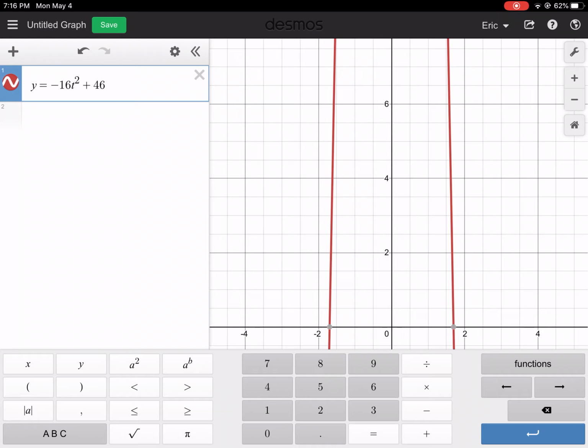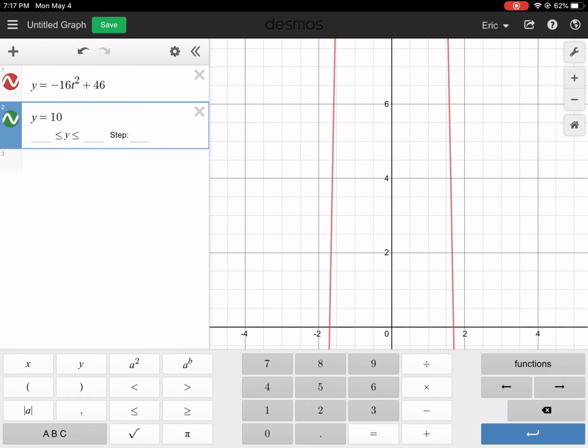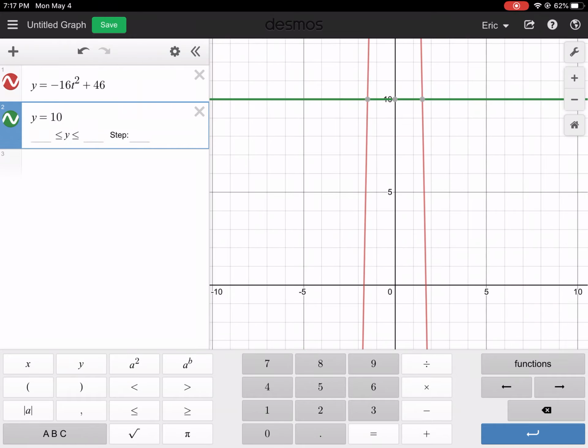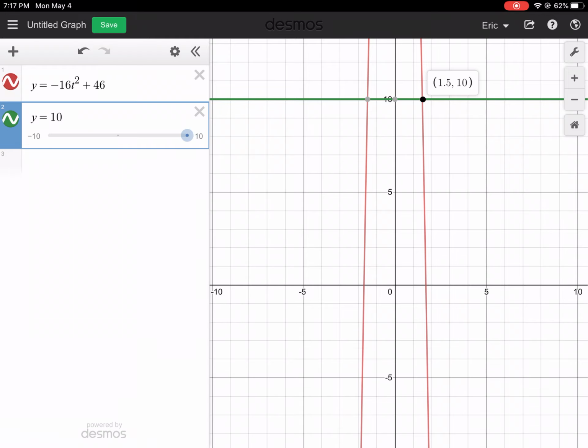And the next one is going to be y equals 10, because it's still 10 feet up. You might have to zoom out a little bit, and you can see where it crosses that green line. It crosses at 1.5, so it's going to be 1.5 seconds.